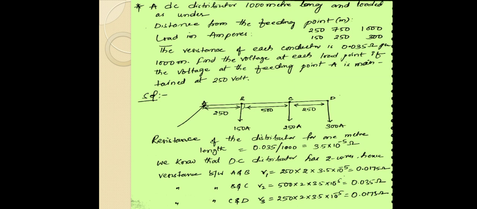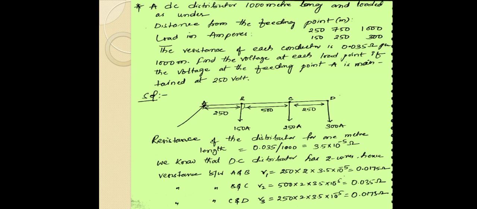The resistance of each conductor is 0.035 ohm per 1000 meters. Find the voltage at each load point if the voltage at the feeding point A is maintained at 250 volts.